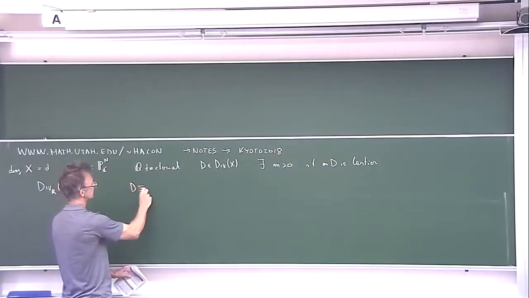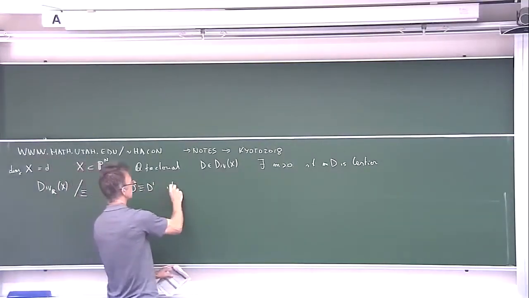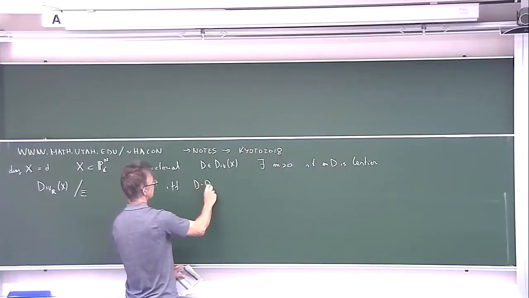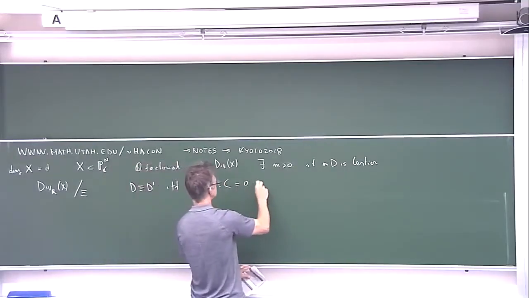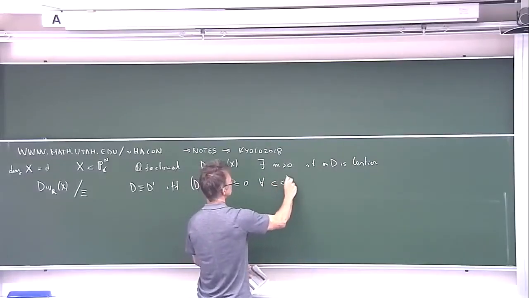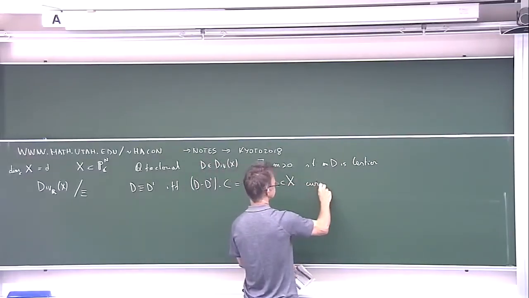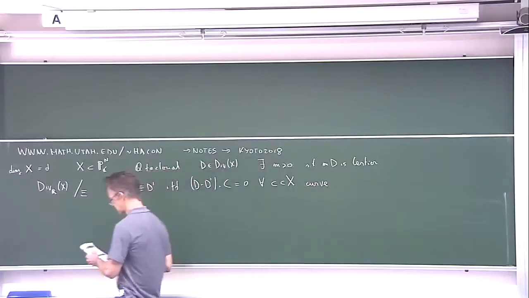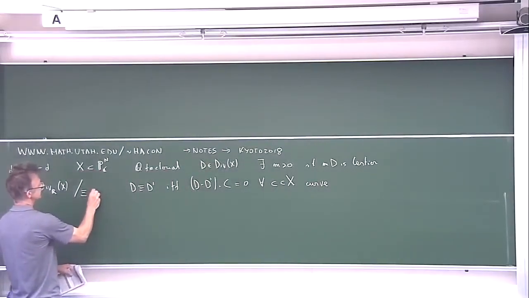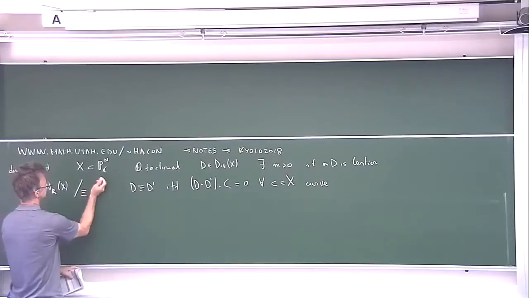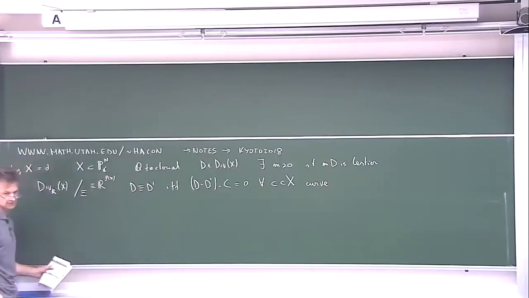So D is numerically equivalent to D prime if and only if D minus D prime intersected with any curve C is always 0, for every curve C contained in X. This is a finite dimensional real vector space, and I denote by rho of X the dimension of this vector space.